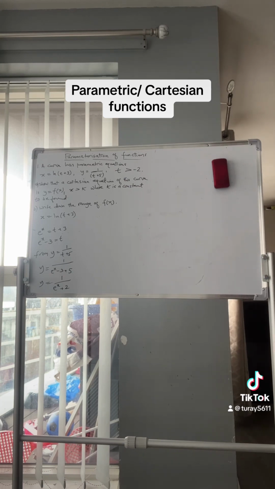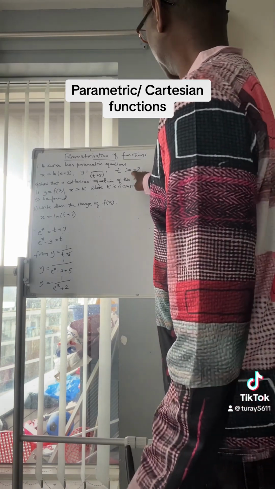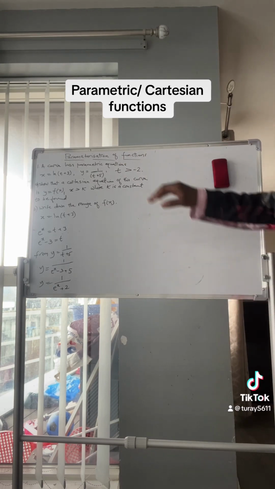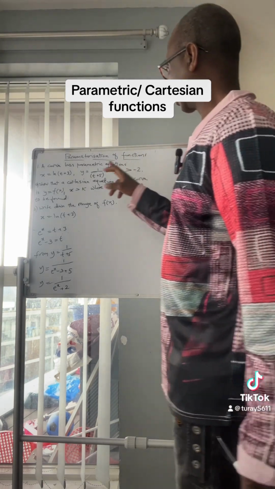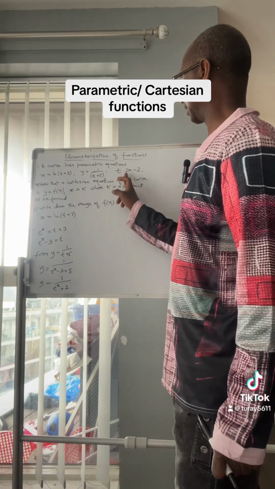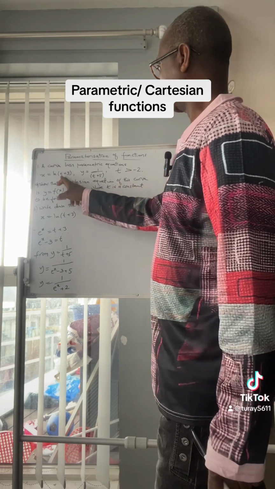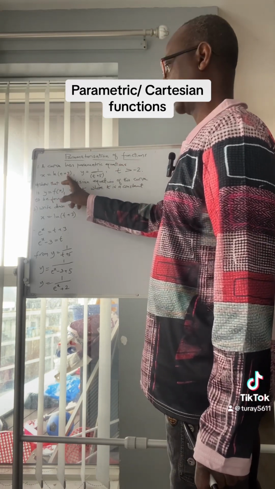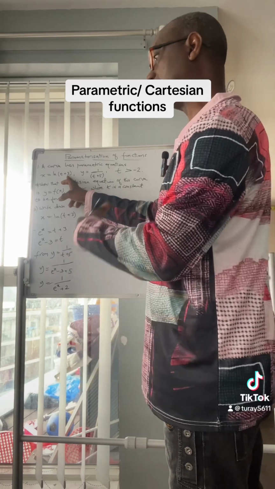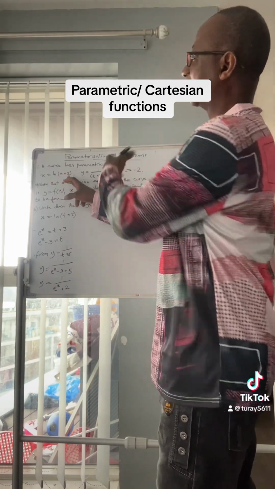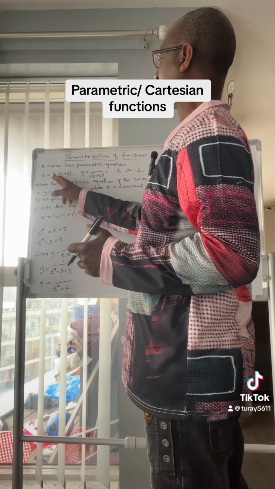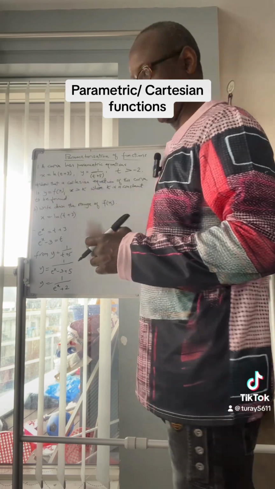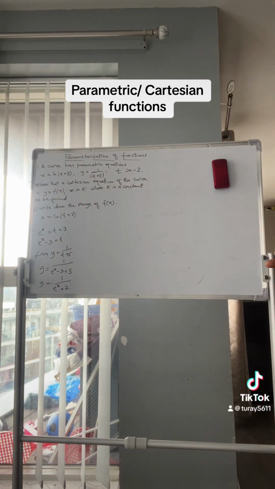But why were you told t is greater than minus 2? Why do they give you this boundary here? This boundary is given because if you put, for example, t equals minus 2, what would you get? You will get minus 2 plus 3, which is 1. And what is the ln of 1? The natural logarithm of 1 is 0. So because t has to be greater than minus 2, x cannot be 0.